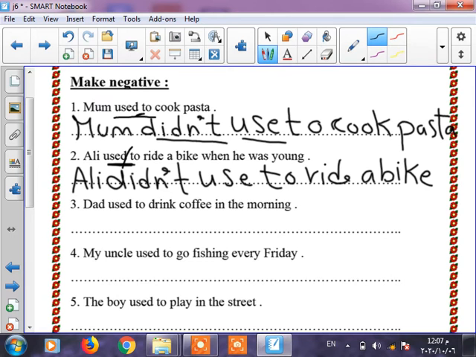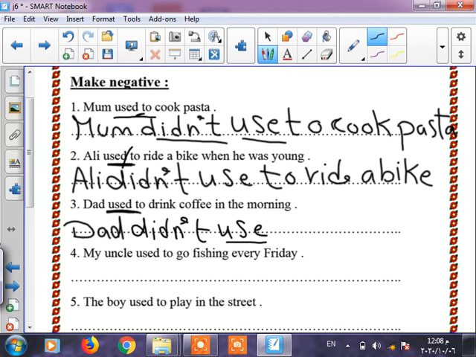So I write what? Dad don't. No, why is don't wrong? Because here the verb used is in the past. When the verb is in the past, I make negative with didn't. So Dad didn't use to. And after didn't, I put use because after didn't the verb is infinitive. Didn't use to drink coffee in the morning.